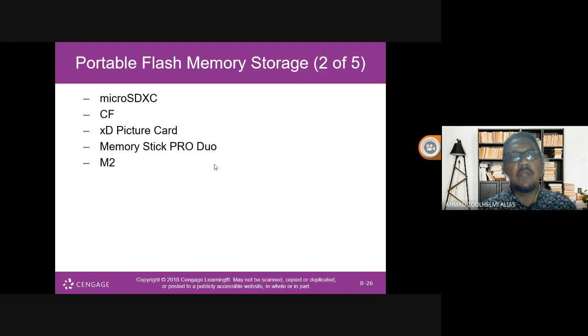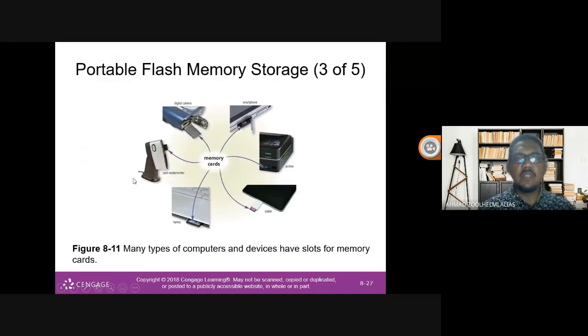Okey, dia ada banyak lagi lah. Micro SDHC, CFXD, picture card, memory stick Pro Duo. Okey. Macam memory stick Pro Duo ni yang gunanya Sony ya. Kalau kamera Sony dia guna yang ni, dia lain sikit ya. And then M2. So there are many types of portable memory storage. Yang ni lah. Yang ni kalau guna digital camera, smartphone, printer pun boleh guna ya, tablet.